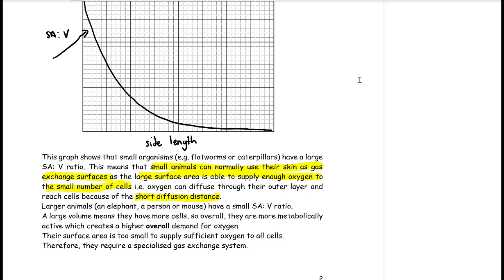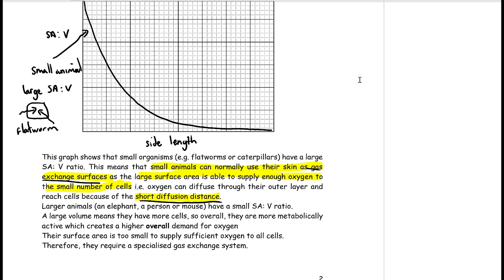So here, if we have a very small animal, it has a very large surface area to volume ratio. So it might be able to rely on its outer surface as a gas exchange surface because there's only a short diffusion distance. So for example, if this was our small animal, it might be able to rely on diffusion. An example of that would be a flatworm.